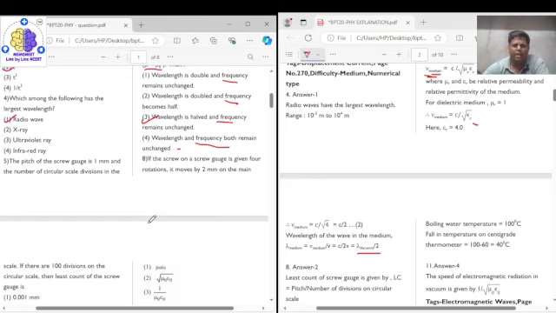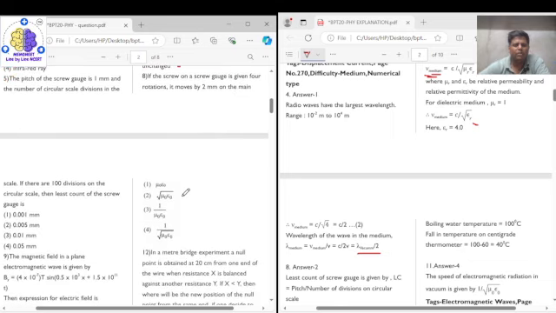Now coming to question number 8. A screw gauge is given 4 rotations, and it moves 2 millimeters on the main scale. So for 4 rotations it moves 2 millimeters. If there are 100 divisions on the circular scale, the least count of the screw gauge is, see, the least count is equal to pitch upon circular scale divisions. And pitch is equal to the distance moved on the main scale upon the number of rotations, so this will give you 0.5 millimeter.